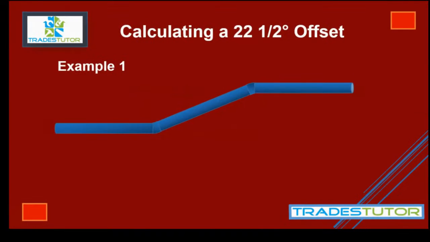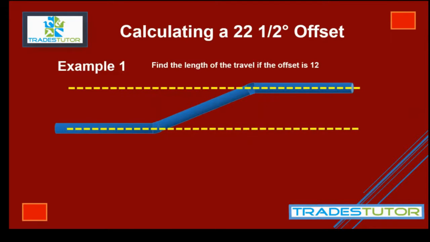All right. So what we'll do here is a couple of examples to show you how to calculate this stuff. First one: find the length of the travel if the offset is 12. So we can bring our lines back. Our offset's going to be 12, and the travel is what we're trying to look for, given that offset.